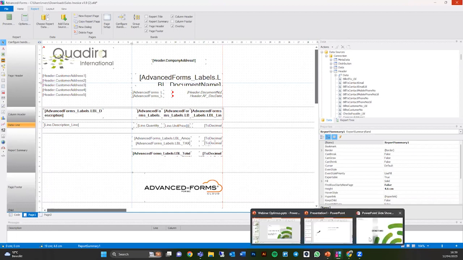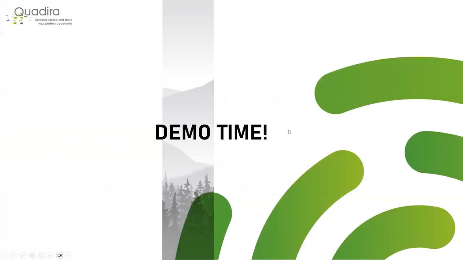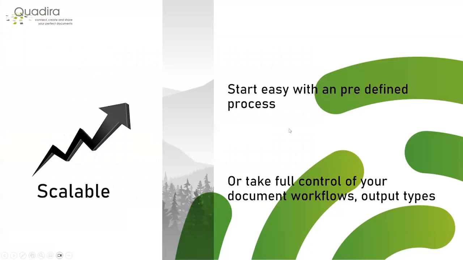I will go back to the presentation because before we go into his part, I want to mention again, our solution is scalable. What I just have shown you is the first step: start easy with a predefined process.